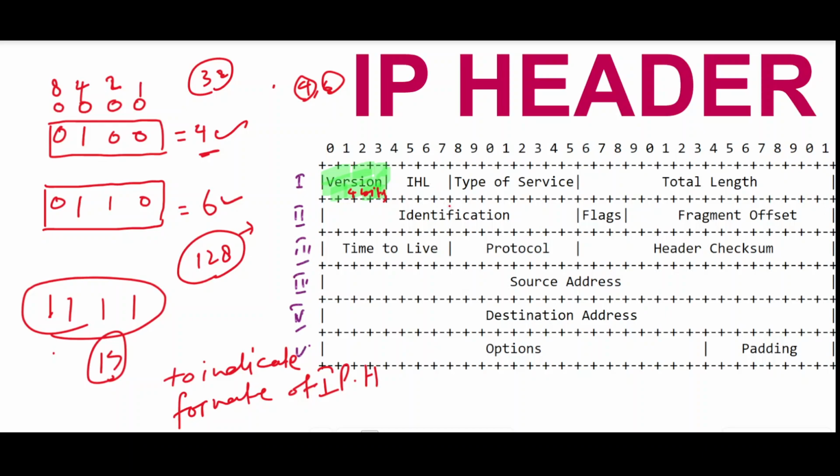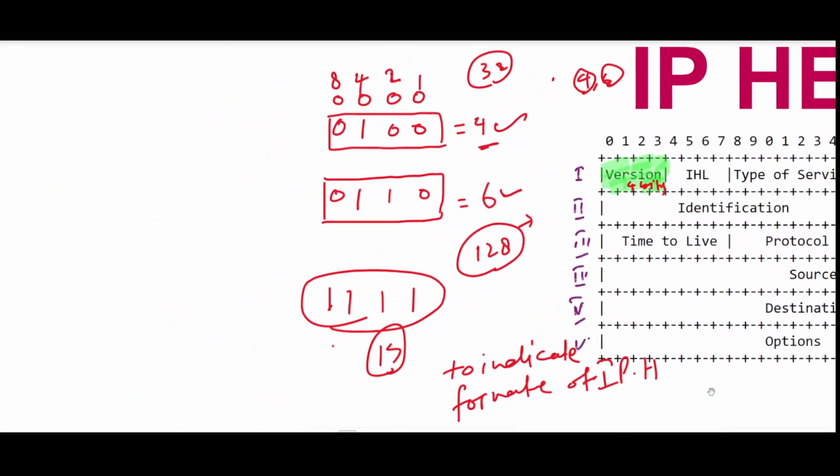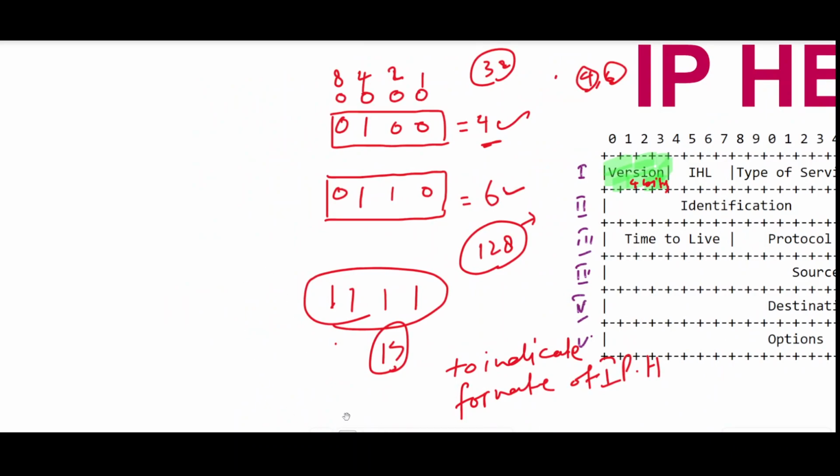Clear? Now in this video, because this is very simple, we should provide internet header length as well. Here on the basis of the TCP layer we provided data offset, so it is something like that.